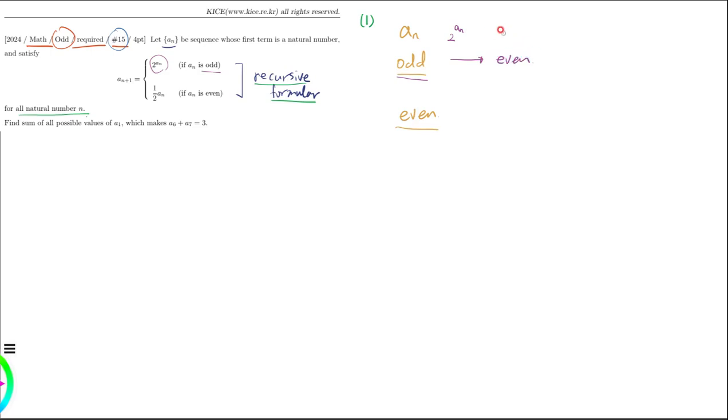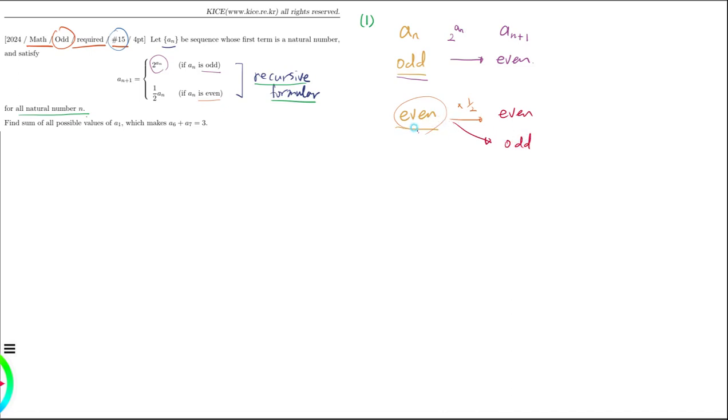All the numbers change to even in this case. And if a_n is even, then we multiply 1/2 to this number, and this could be even or it could be odd.